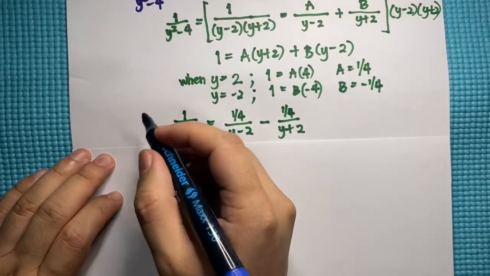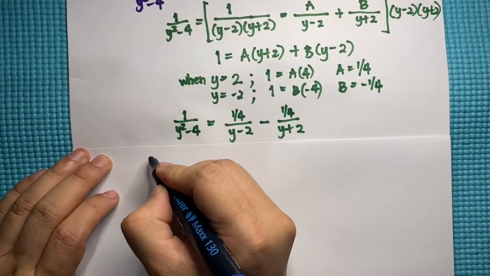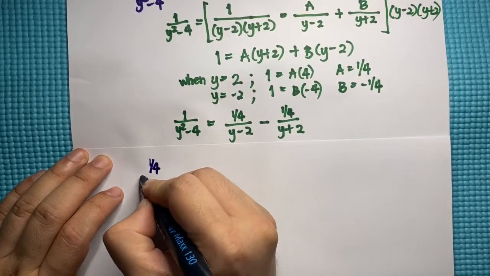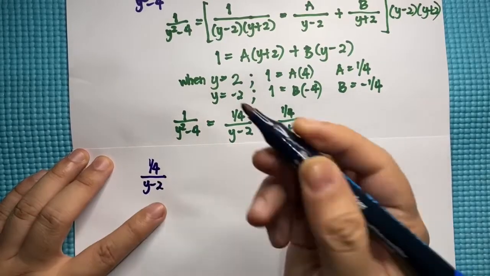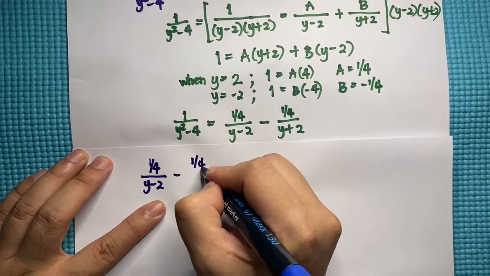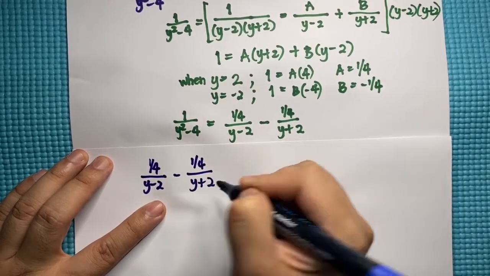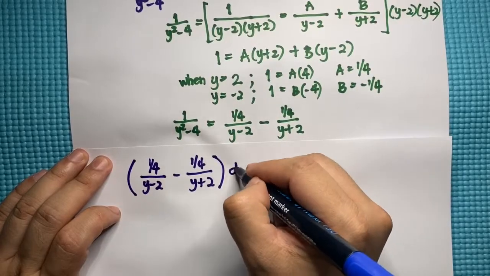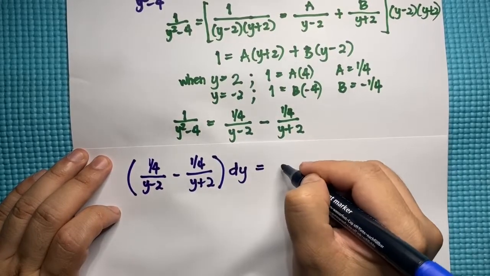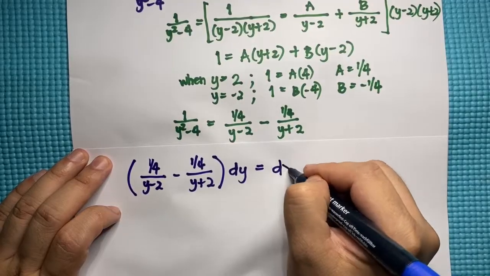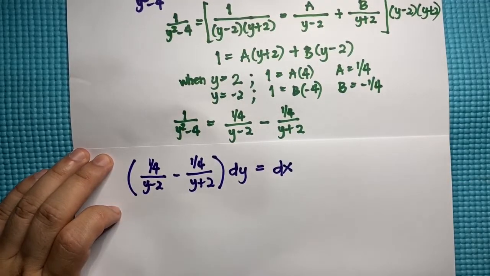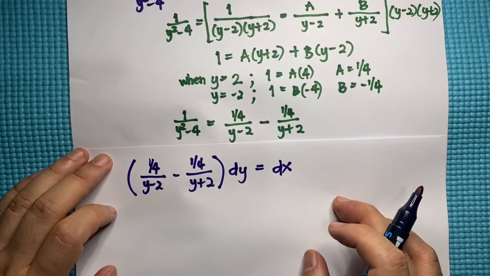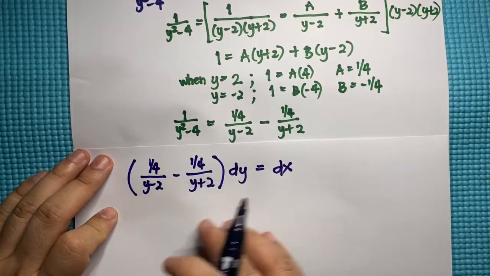This time it becomes 1/4 over y minus 2 minus 1/4 over y plus 2, then everything is multiplied with dy, and that would be equal to dx.